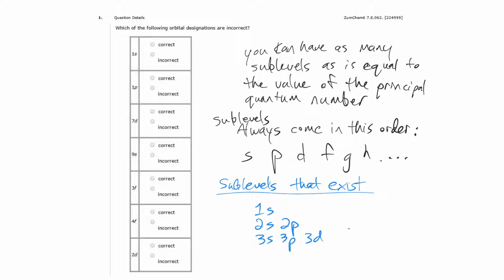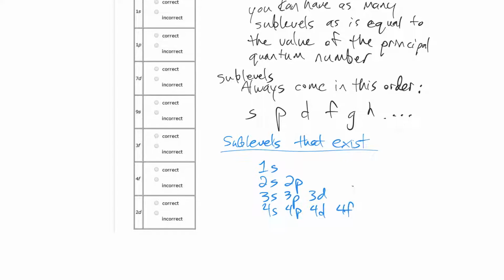Then the fourth principal energy level, you can have 4s, 4p, 4d, or 4f, the same number of sublevels as is equal to the value of the principal energy level.